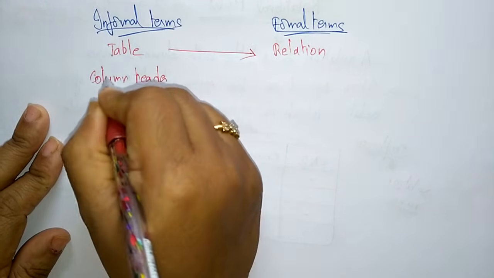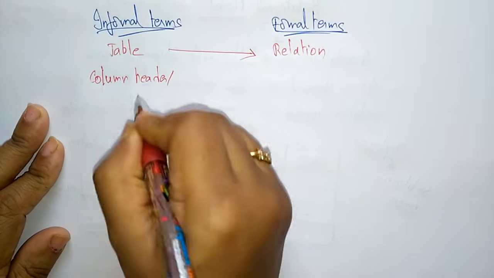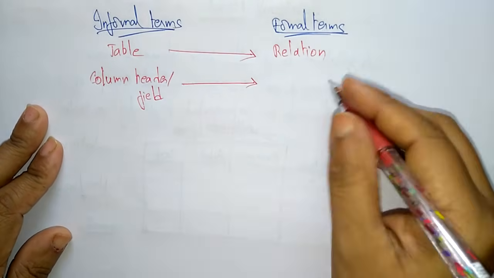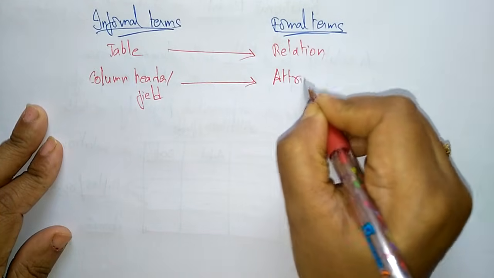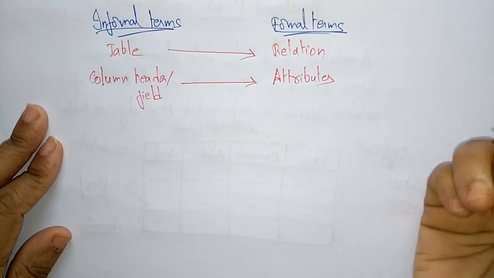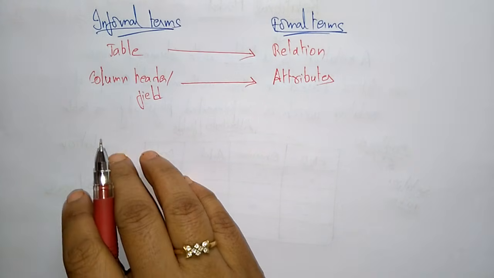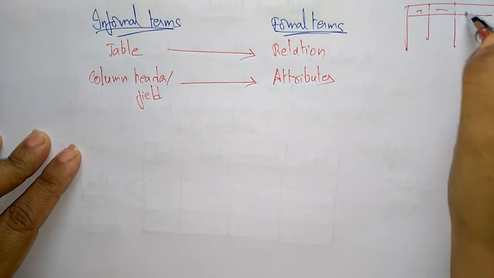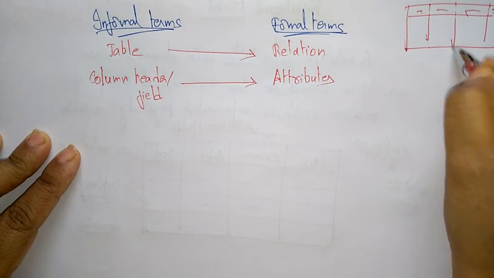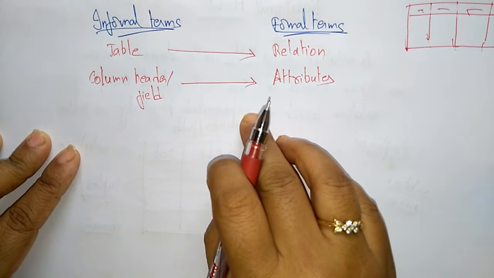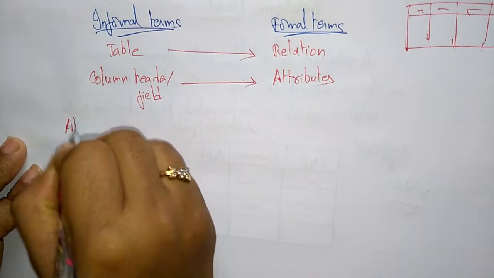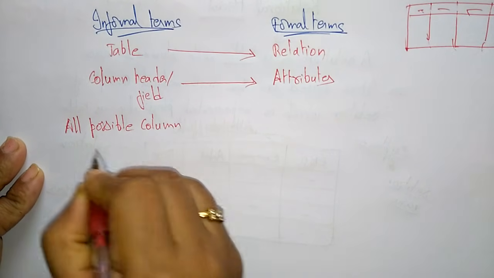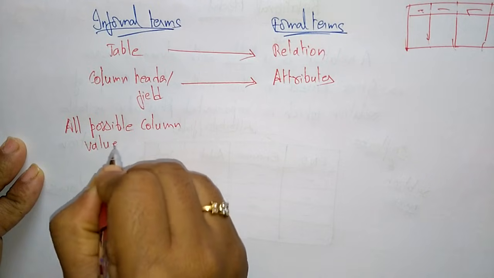Next, the column header is also called a field. The formal term for the column header is attribute. In a table you have column headers, and these headers you call attributes. Next, all possible column values: I am not talking about the header, but the values in the columns.